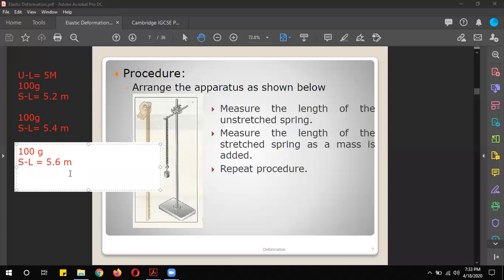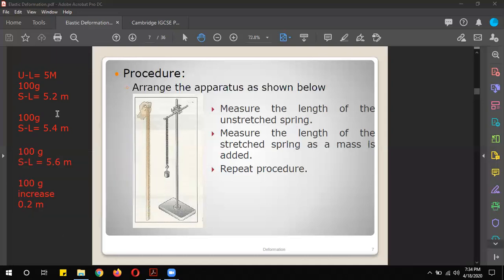So we can say with 100 gram there comes an increase in length which is 0.2 meter.